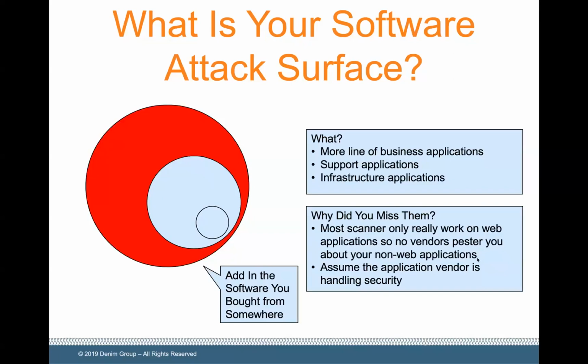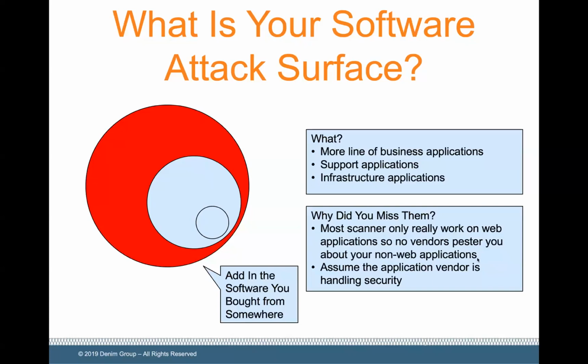Again, a lot of the scanning tools, especially the DAST or the dynamic testing tools, only work on web applications, and so fewer of the vendors in the security tooling space are asking you about your non-web applications, right? They're not asking about client-server apps that may be out there exposing you to a lot of risk because those vendors aren't going to make you money in getting those applications into your testing program.